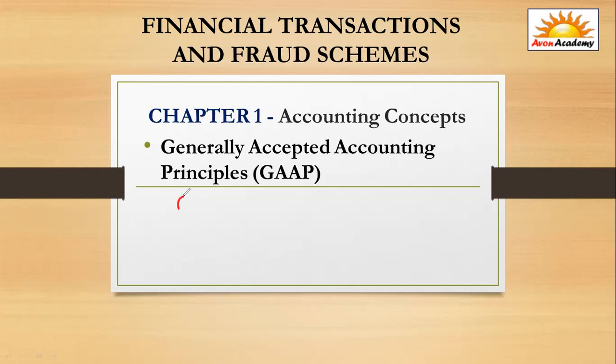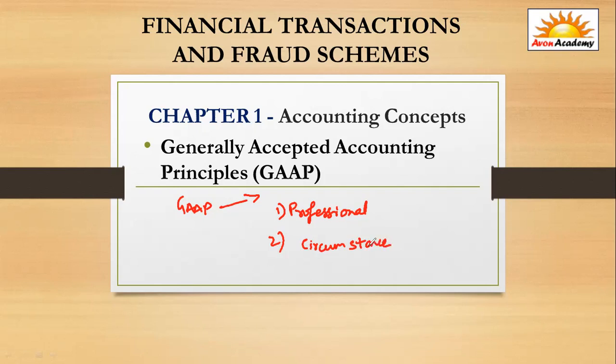Then you have how you are going to depart. Let's say if I'm moving from GAAP to another system of accounting principles. So when you're moving, there are certain factors that you have to keep in mind. One is the professional judgment. Second thing is the circumstance that the company is in.